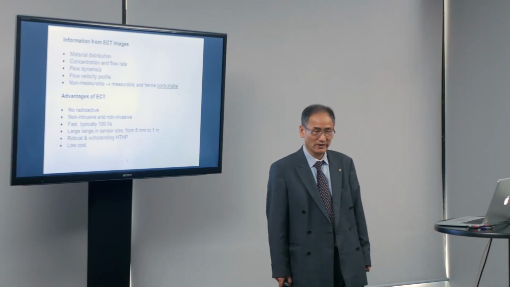For some applications, we can work out flow velocity and flow velocity profile. Our final objective is to convert non-measurable process into measurable process so that we can control the process.